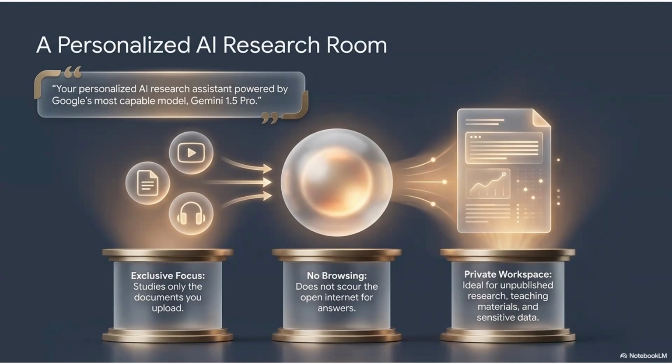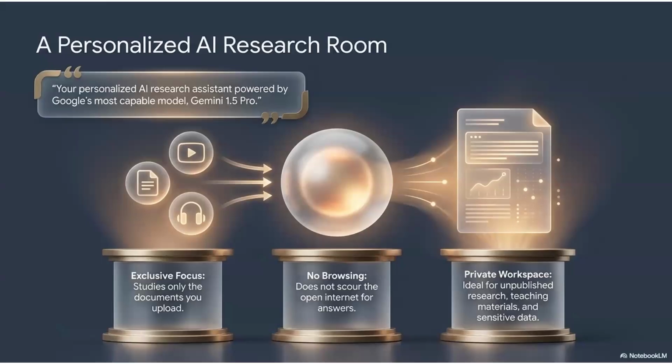What NotebookLM does is keep its focus exclusively on the documents that we have uploaded into NotebookLM. It does not look here and there. It only focuses on the source material, be it in the form of a PDF, a YouTube video, a website link, a WHO report or an FAO report, anything.